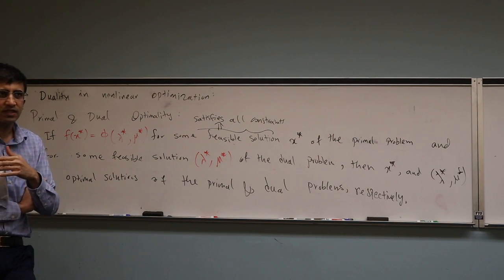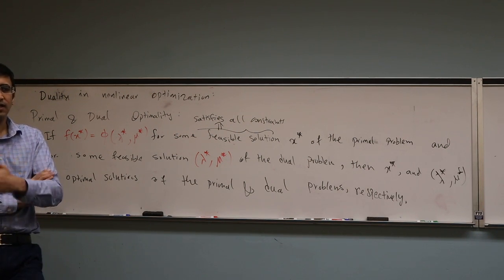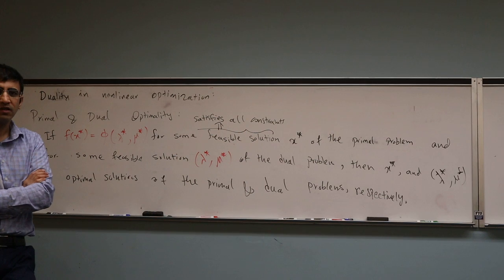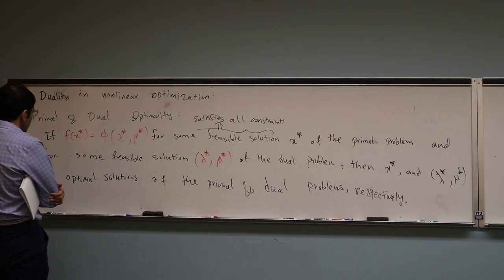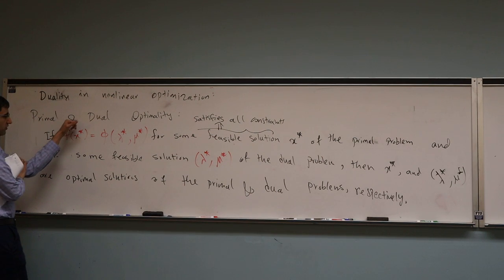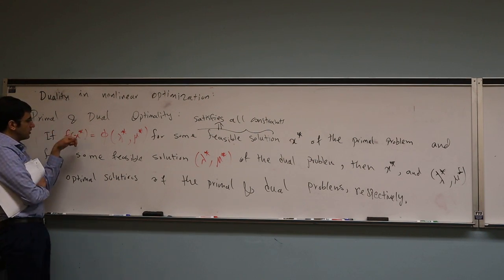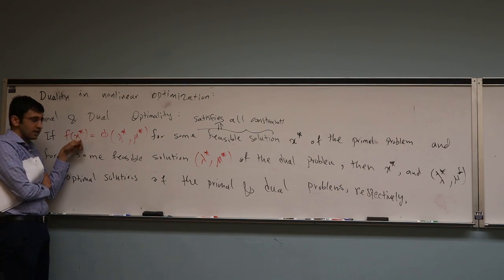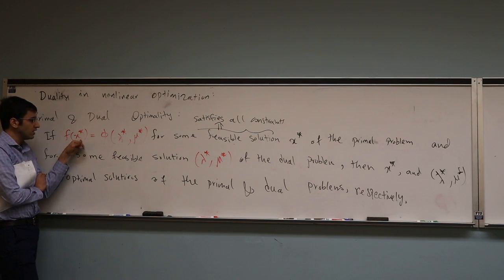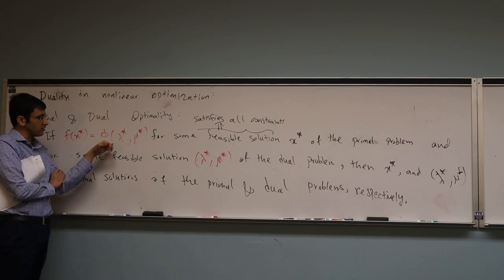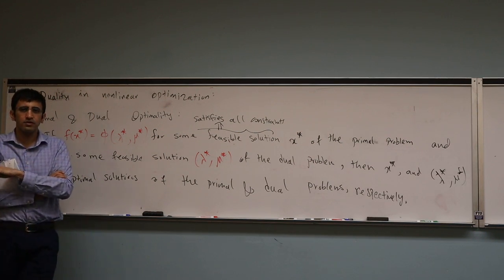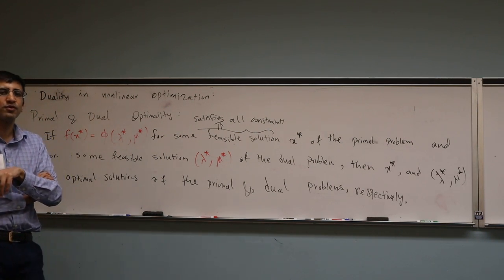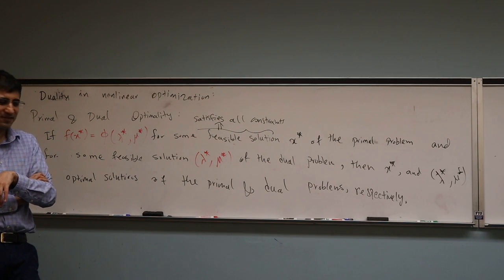In most cases, there is a duality gap, and the optimization algorithms that we develop try to minimize this gap. So here it tells us that if the value of your objective function for the primal problem at a certain feasible point is equal to the value of the dual problem, again at a feasible solution, that point is for sure the optimal point of both of these problems.